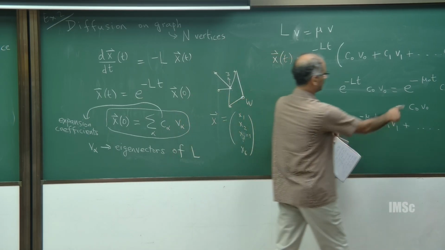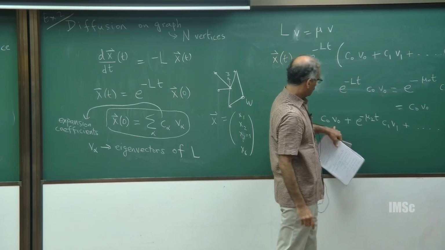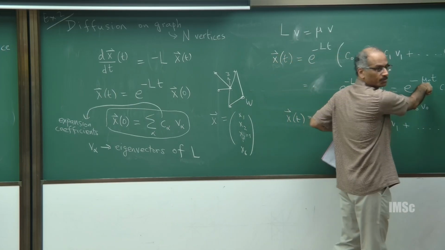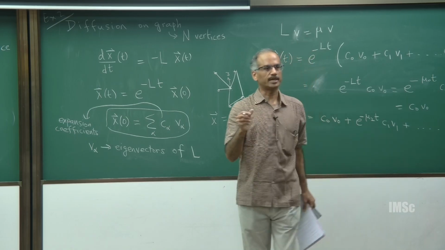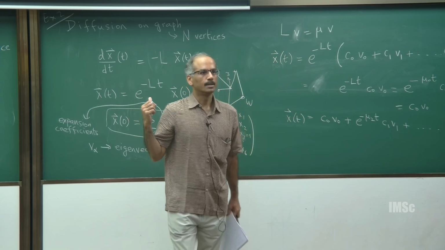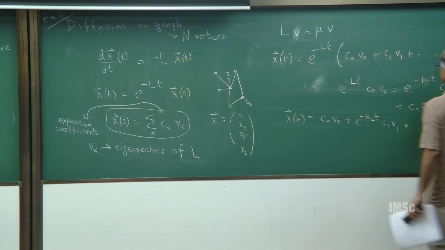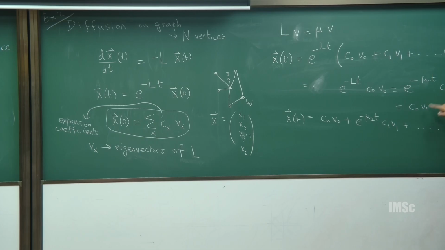That is because mu 0 is 0. Mu 0 is 0 because the smallest eigenvalue of the Laplacian is 0, I just told you.